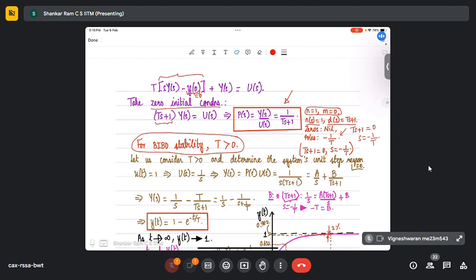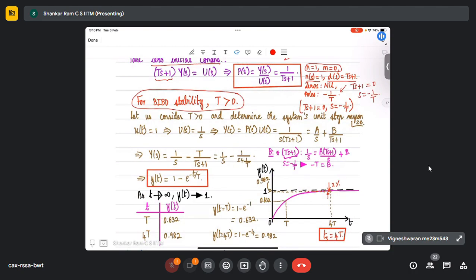As we discussed, we will talk about the system performance only for stable systems. That is why we will look at the unit step response considering T greater than 0. So now, if we consider that case and look at the unit step response, it means u of t is 1, U of s is 1 by s. By now all of us know that.